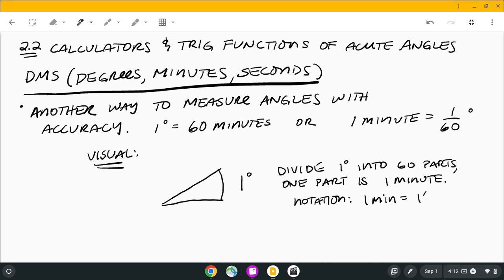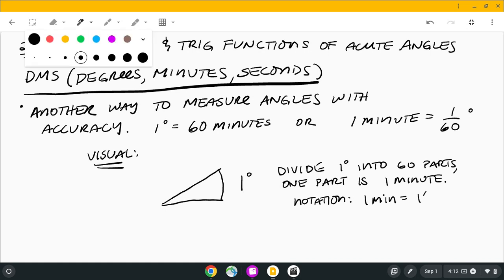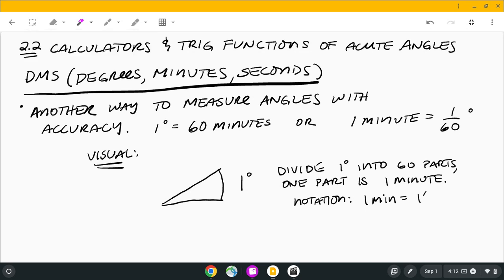So if we have this 1 degree right here, and let me use a different color and a very fine size, imagine this angle is cut into 60 pieces, which I can't do because my pen is just too thick.